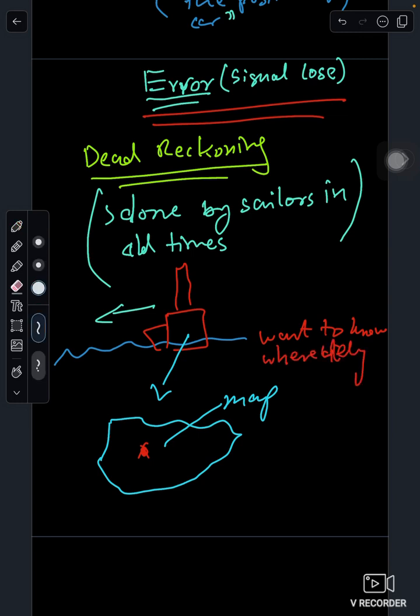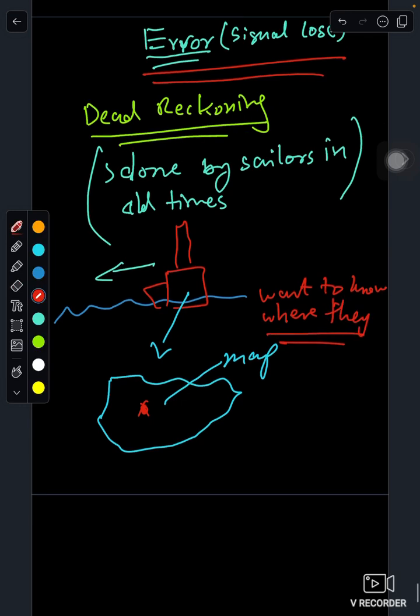So what they do is they are always keeping the time, when they left that area.